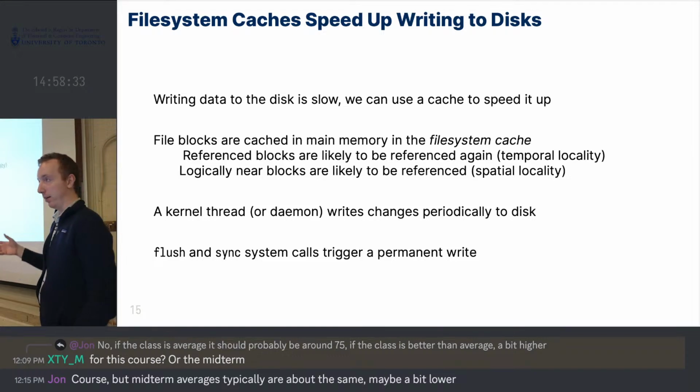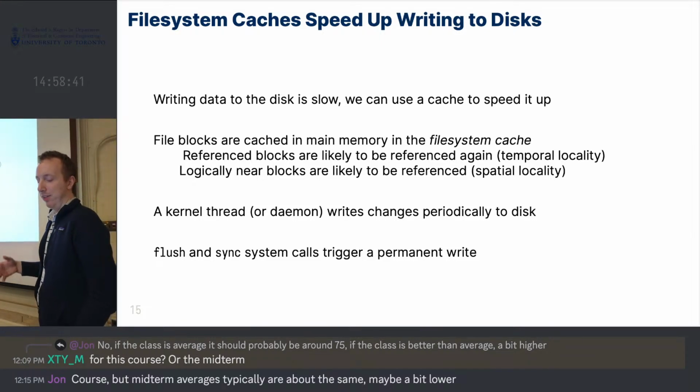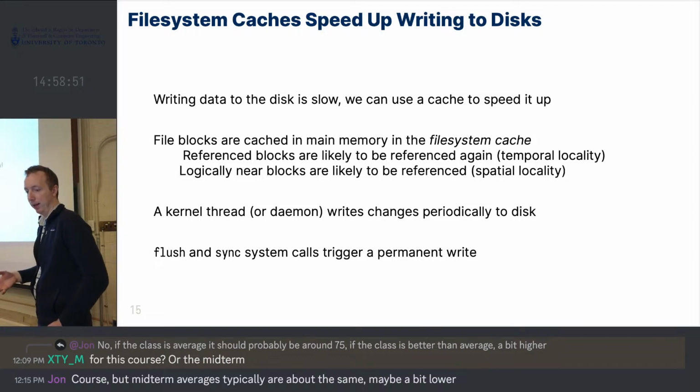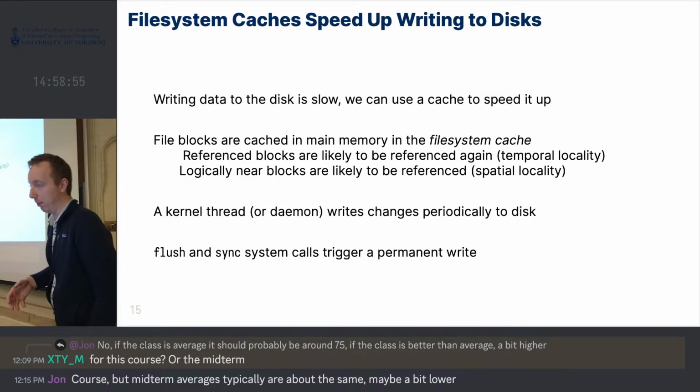So file blocks are cached in main memory, there'll be some file system cache to cache the blocks I read in from a device. And generally, whenever I'm reading blocks, I'm likely to reference the same block over and over again, so if I'm modifying a file or something like that, using the same block over and over again is something called temporal locality.